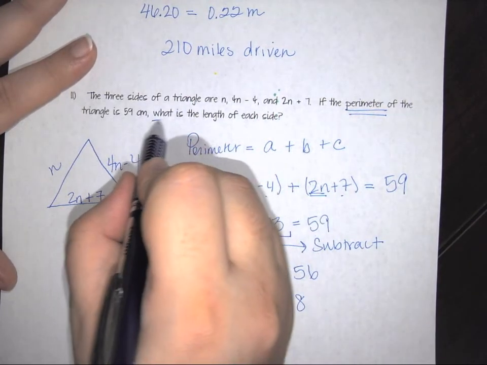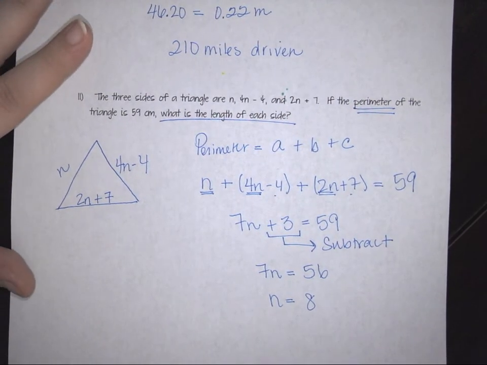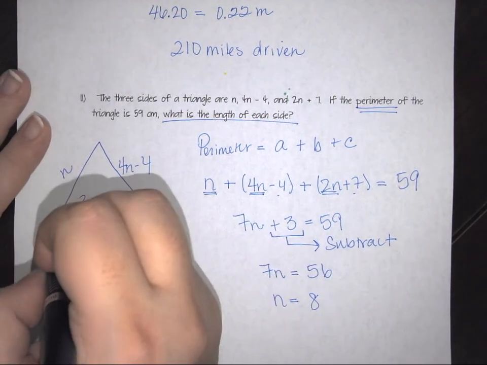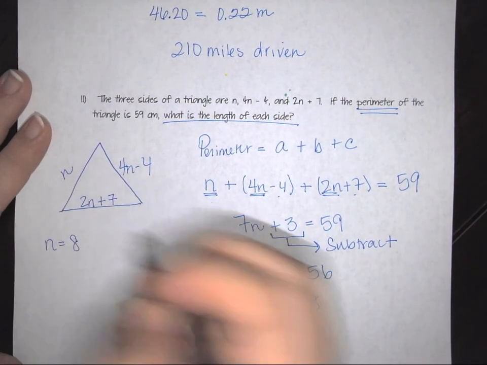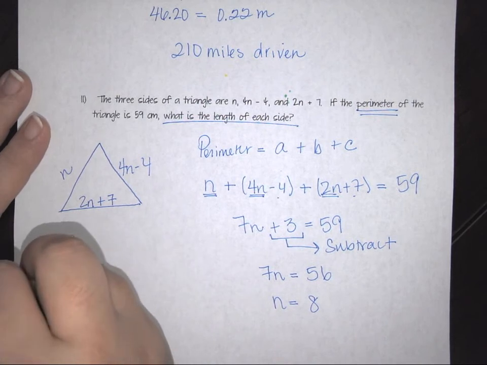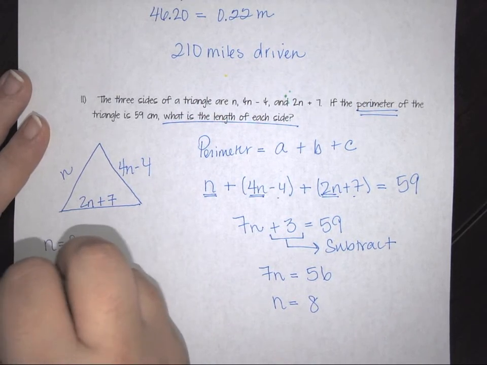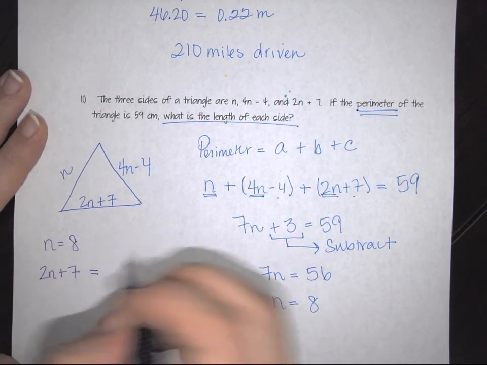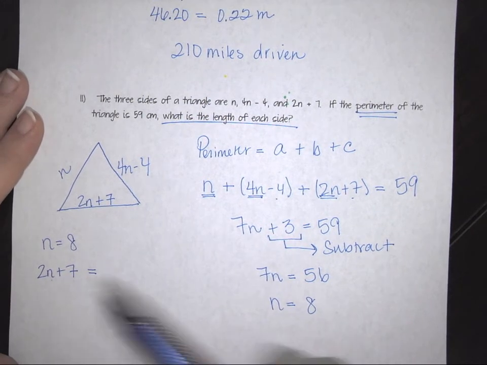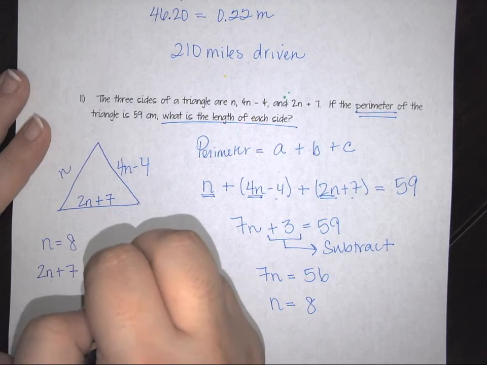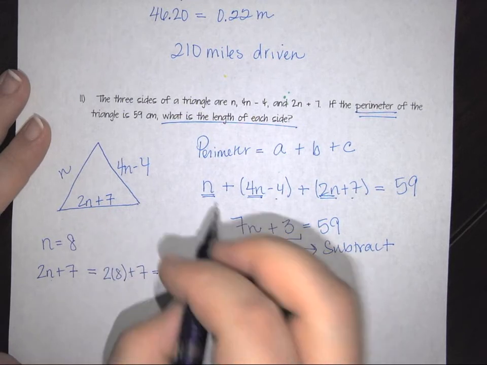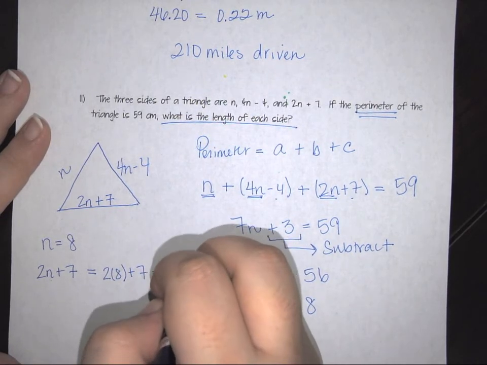Now, the question wants to know the length of each side. So therefore, we know n equals 8. We also have 2n plus 7. So what we have to do is input the 8. So this is going to be the same as 2 times 8 plus 7, which is going to give you 23.